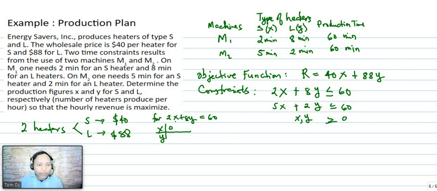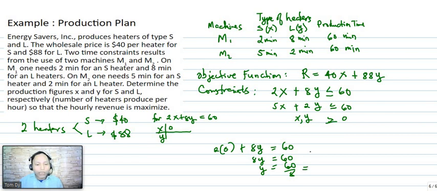So 2 times 0 equals 0 plus 8y, which is equivalent to 60. So 8y is equivalent to 60, and then y is equivalent to 60 over 8.